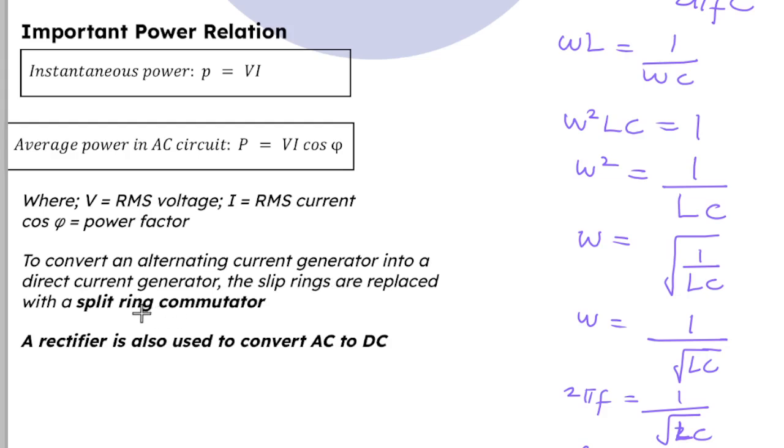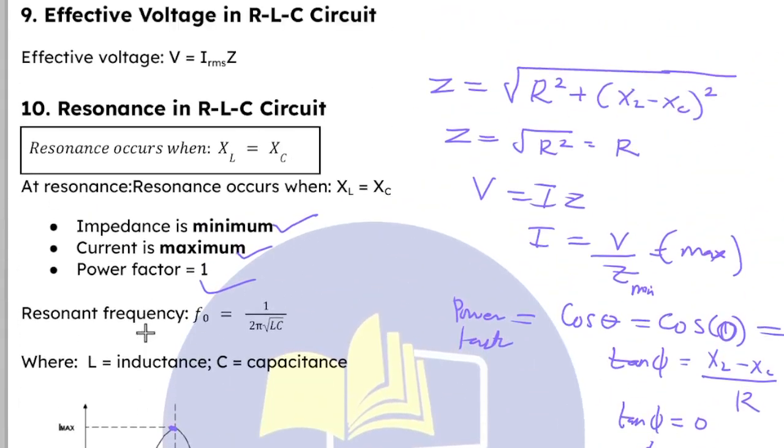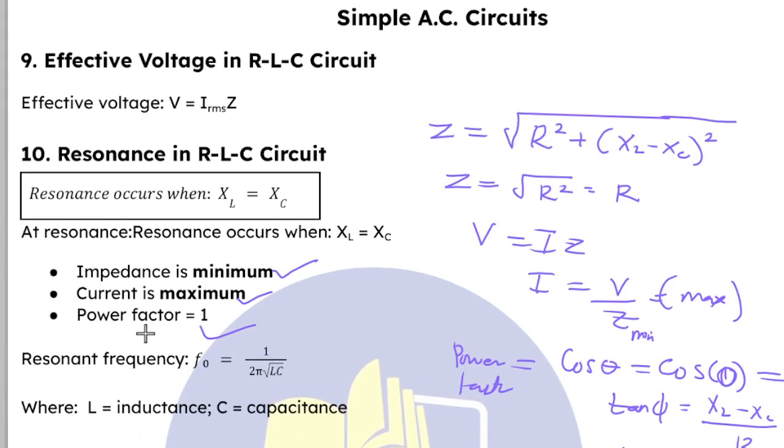So take note of that. So if you want to convert your alternating generator to a direct current generator, replace the what? Slip rings with what? With a split ring commutator. Okay? So a rectifier is also used to convert AC to what? To DC. So take note of all these key points that we have discussed.